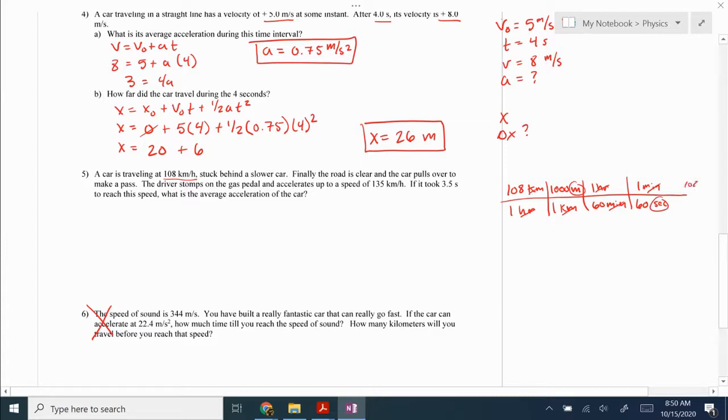So that's going to be 108,000 divided by 3,600. 108,000 divided by 3,600 is going to be 30. And we got to do it for 135 as well. 1,000 meters, 1 hour, 60 minutes, 1 minute, 60 seconds.